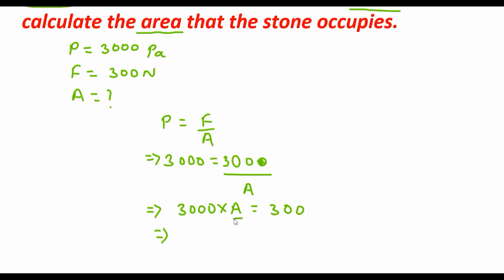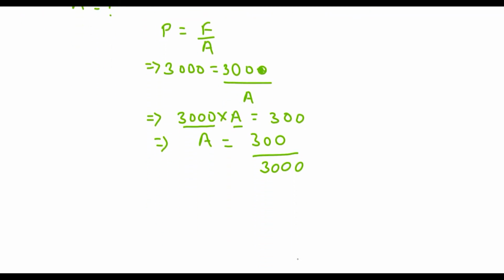We have to find the area, so area equals 300 divided by 3000, because when 3000 is in multiplication, and it goes to the other side, then it comes in division. So when we divide 300 by 3000 we get area equal to 0.01, and the unit of area is meter square.